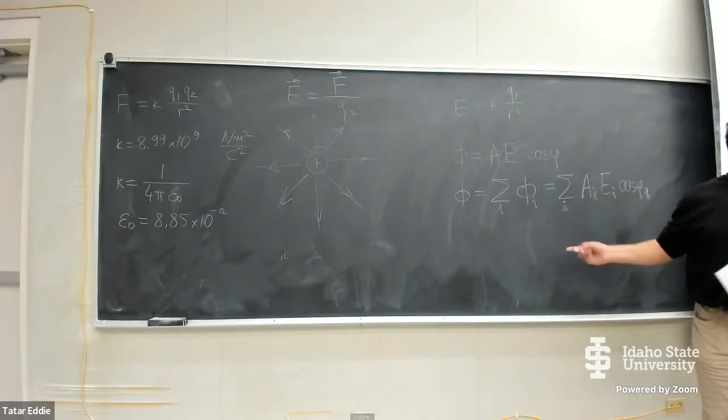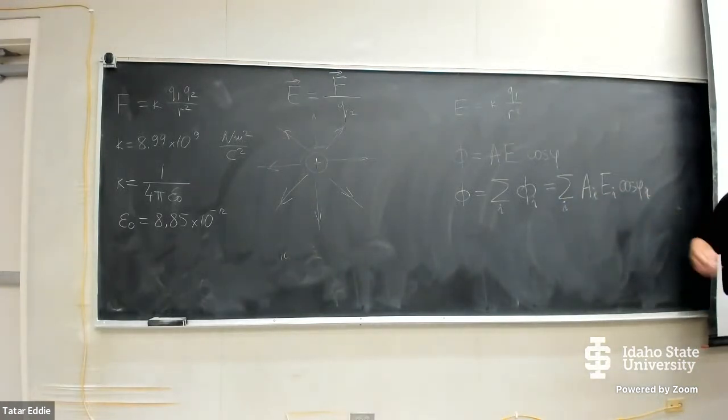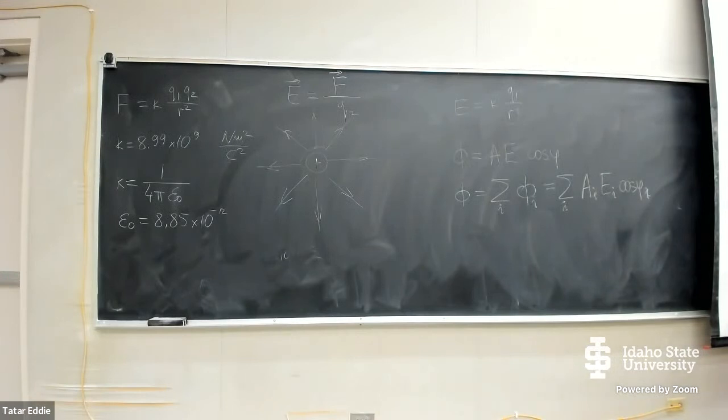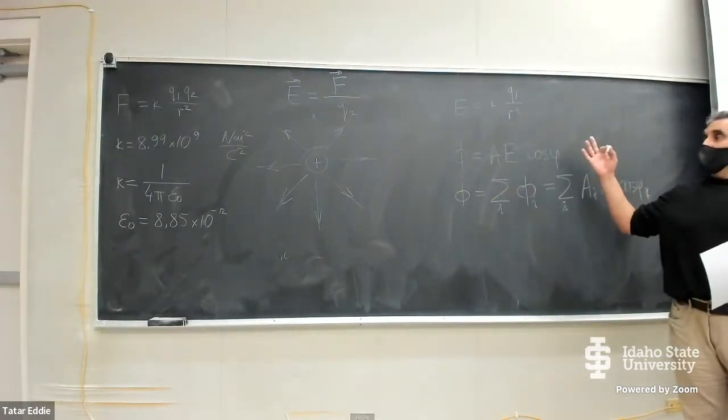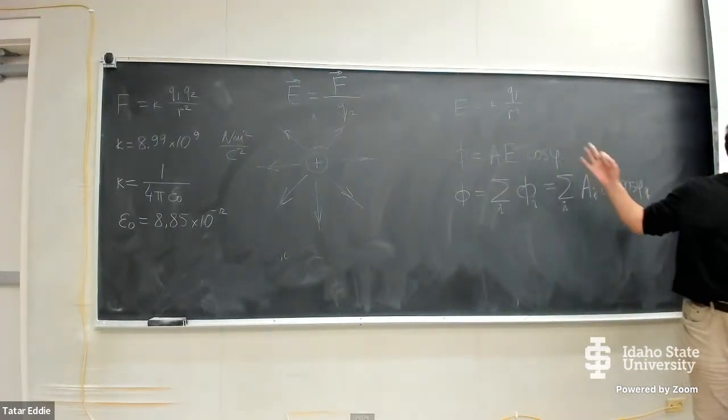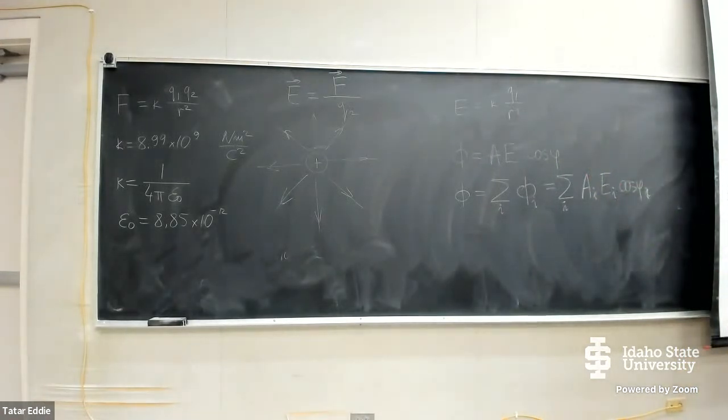And people that have done calculus recognize that this type of sum is a Riemann sum, and its expression is surface integral. For our purposes, the knowledge of the concept of electric flux through a flat area is sufficient.